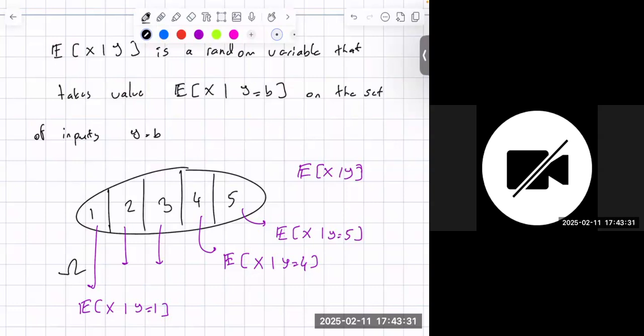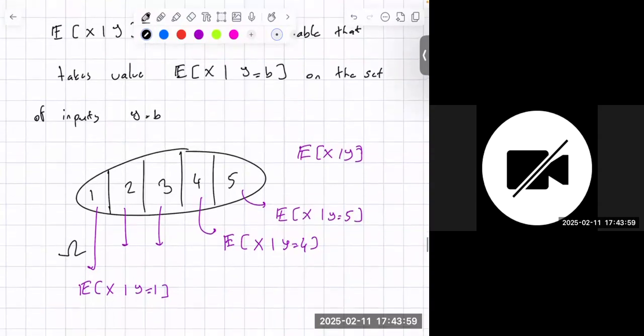When you ask the value here, it's going to take this number. When you ask the value here, it's going to take this number, etc. So conditional expectation written this way is a random variable itself. And this is extremely useful, turns out, even though it looks like a funky idea. This is behind a whole bunch of stuff.